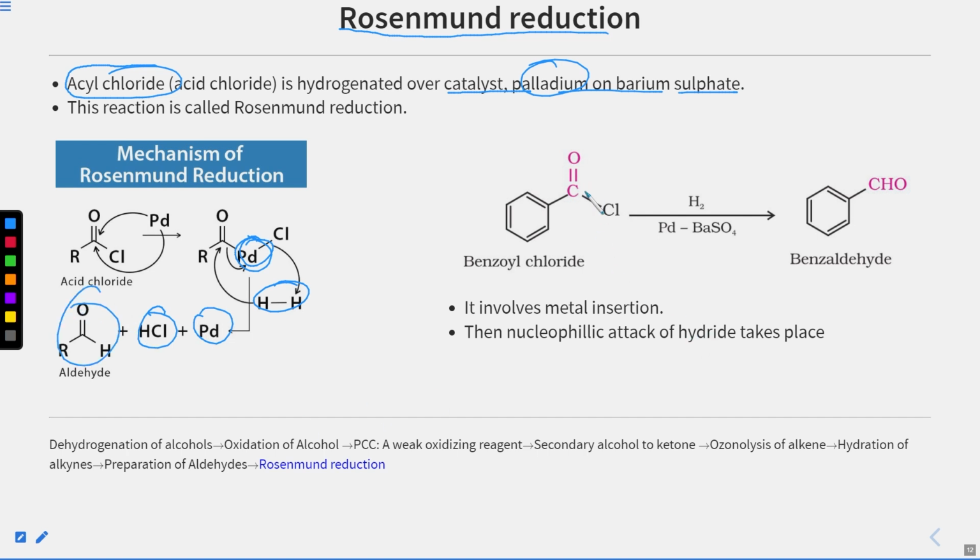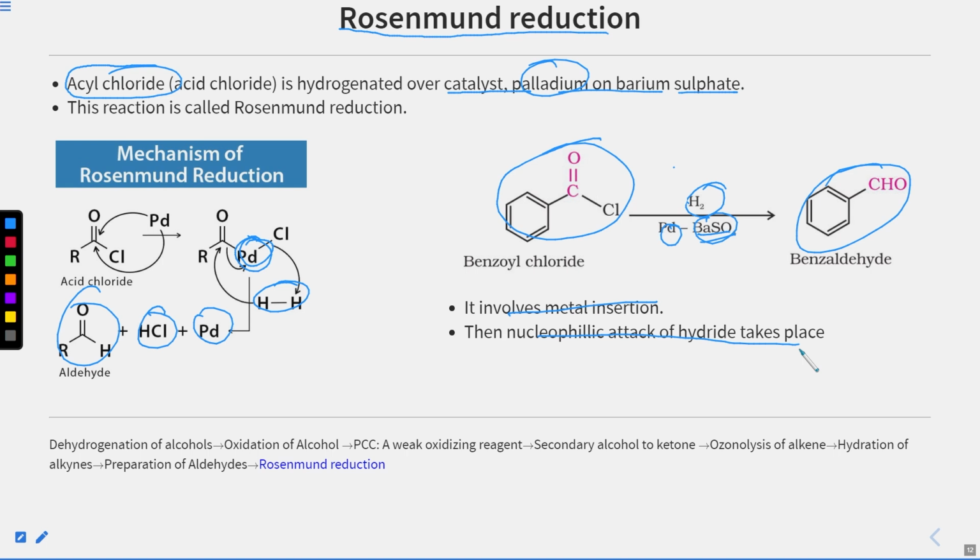So the overall reaction looks like this. We have an acyl chloride. We treat it with H2, Pd, BaSO4, where H2 is our reagent, Pd is our catalyst, and BaSO4 is our poison. It basically stops the reaction from proceeding further. So this gives us benzaldehyde. It basically involves metal insertion and nucleophilic attack of hydride.